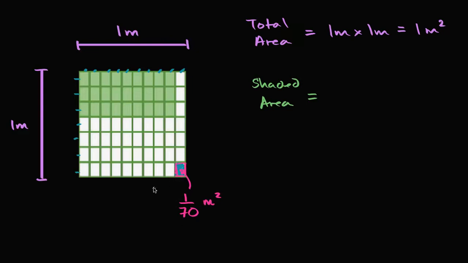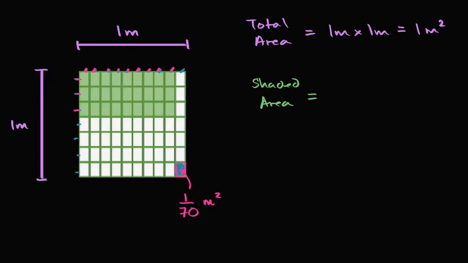Now, if we cared about the shaded area, we could just count how many of these rectangles there are. And we see that there are 1, 2, 3, 4, 5, 6, 7, 8, 9 columns of 1, 2, 3. So there's 27 of these equal rectangles in the shaded area.